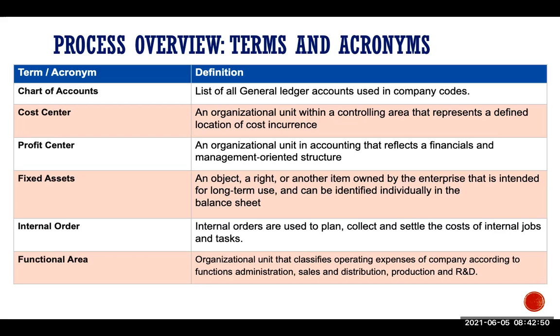That is the reason the fixed assets module works according to the country. There is an element called chart of depreciation that we will define in fixed assets, that is country specific.